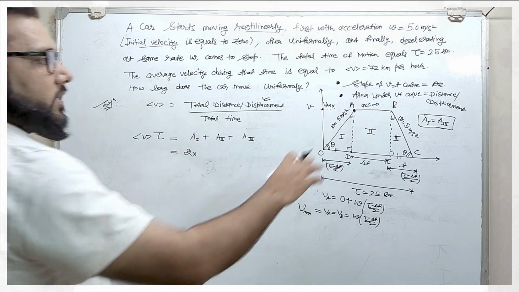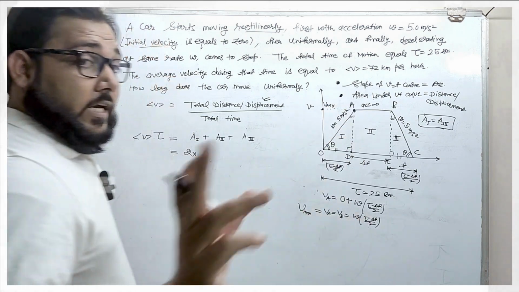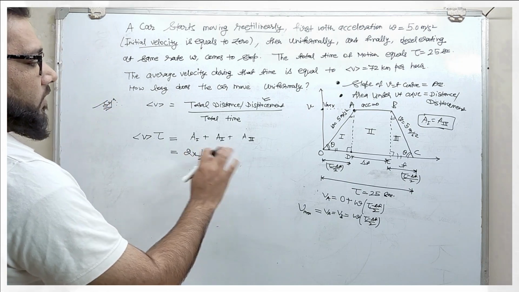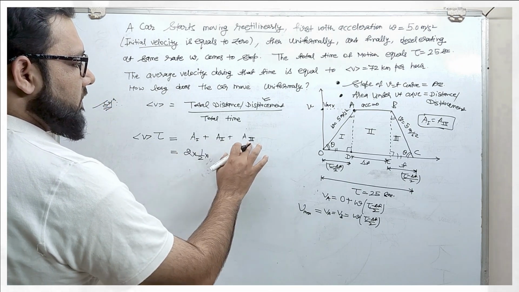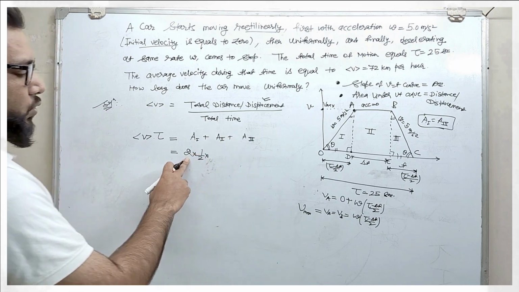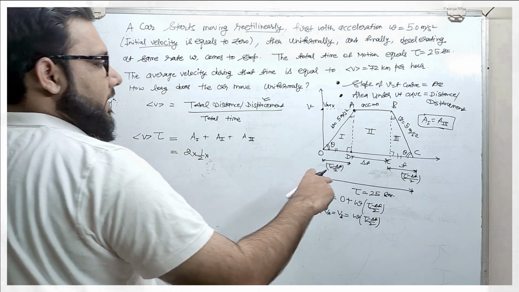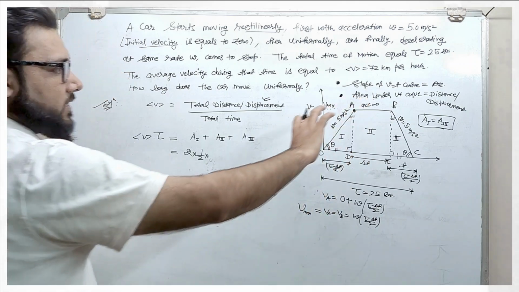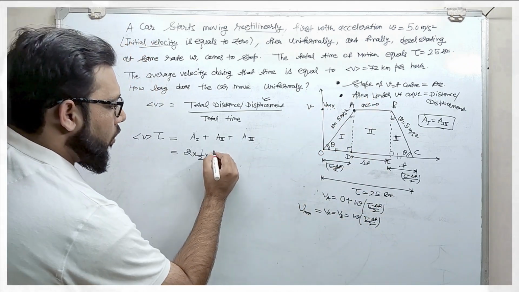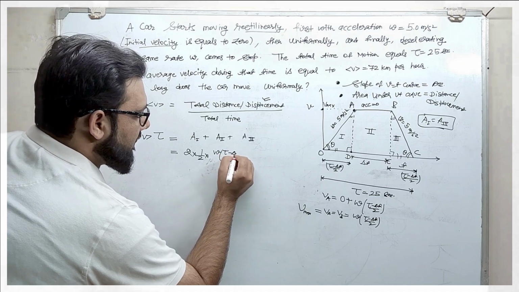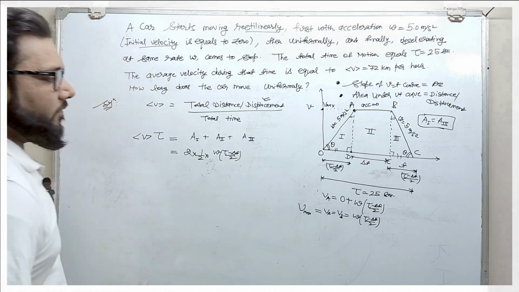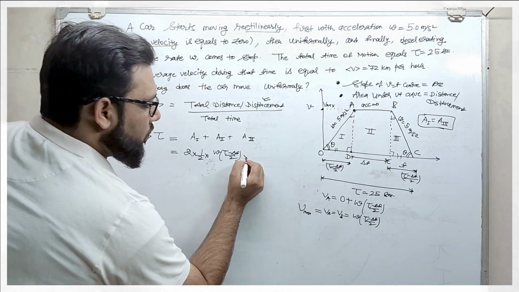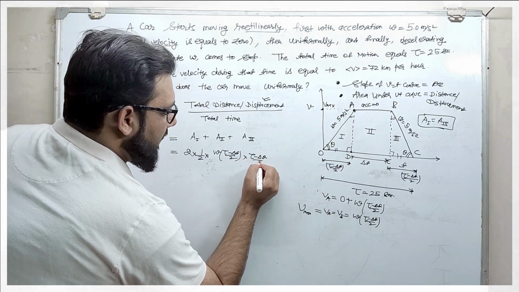Now we have to find the area of this triangle. The area of triangle is 2 into half. These two areas are equal, so I am multiplying by 2, and the area of a single triangle is half into height. The height is the maximum velocity, omega (tau minus delta t) by 2, and the base is (tau minus delta t) by 2.